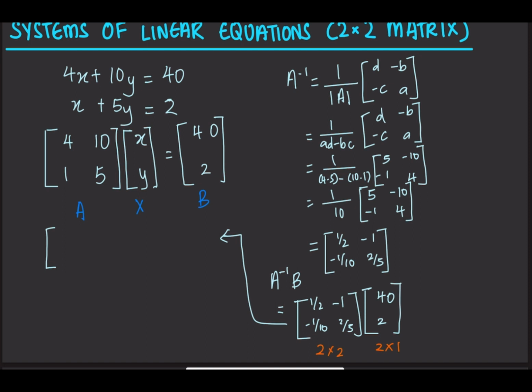The columns of the first matrix match the rows of the second, so we can multiply. Let me show the working clearer. 1/2 multiplied by 40 plus negative 1 multiplied by 2, and for the bottom one, negative 1/10 multiplied by 40 plus 2/5 multiplied by 2.